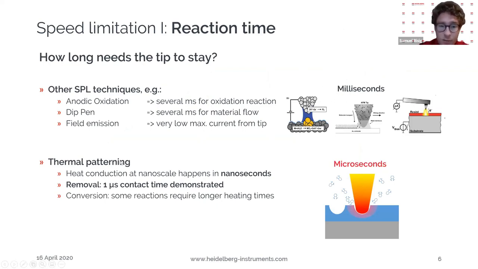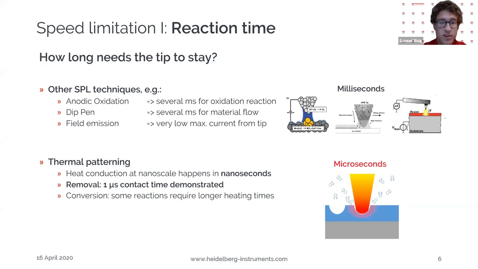When we compare it to our thermal SPL patterning, the heat transport itself already happens in nanoseconds, but we need a certain contact time to trigger the decomposition of our resist. We are not in the milliseconds, we are a factor of 1,000 faster, with microseconds. If you plan to do conversion of the material, so you induce some change in the material rather than the decomposition of our special PPA resist, then it might need longer heating times. But compared to other SPL techniques, we are way faster.